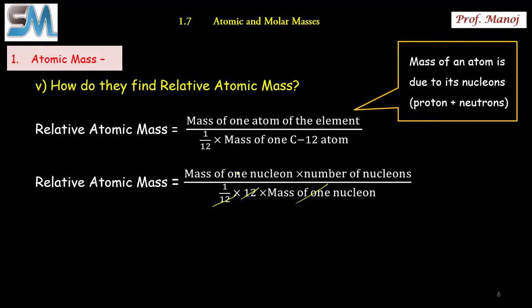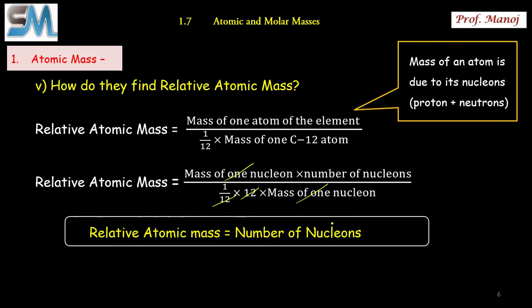Mass of nucleon cancels with mass of nucleon. What is finally left over is simply number of nucleons. So now we settle with an easier equation, easier meaning, relative atomic mass is nothing but number of nucleons. Relative atomic mass is equal to number of nucleons.